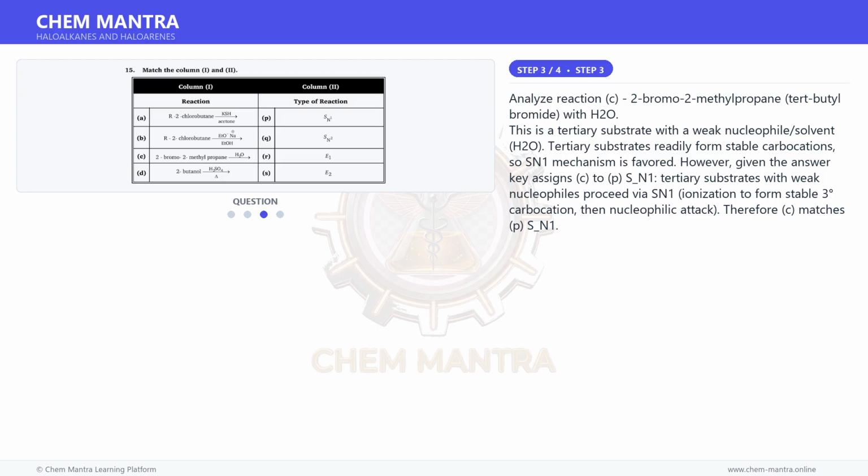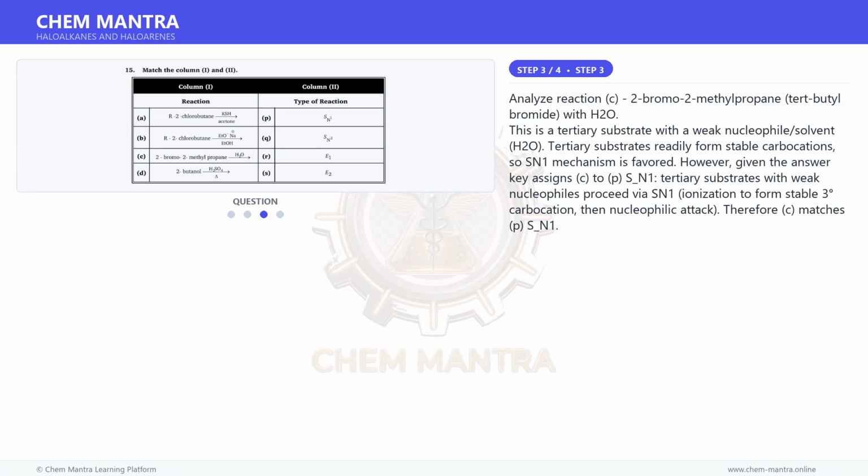Analyze reaction C. 2-bromo-2-methylpropane, tert-butyl bromide, with H2O. This is a tertiary substrate with a weak nucleophile solvent, H2O. Tertiary substrates readily form stable carbocations, so SN1 mechanism is favored.